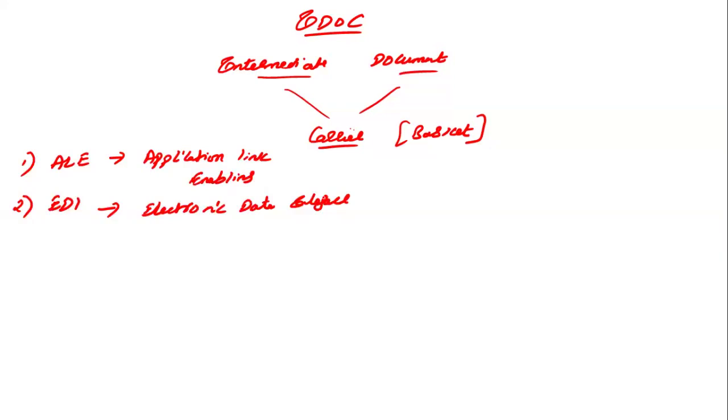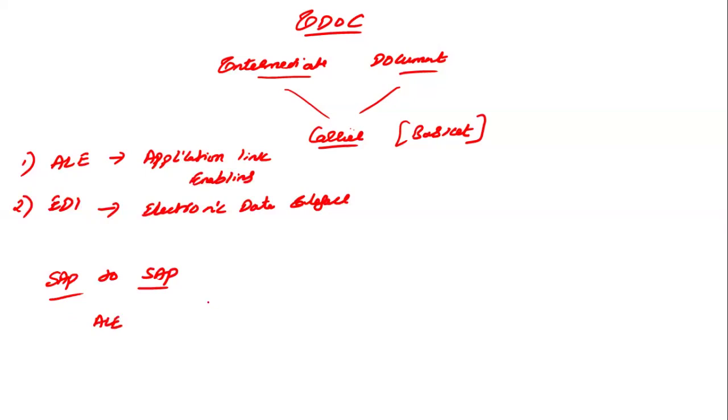So why do we have these 2 different types of Idocs? We have these 2 different types because it depends on how we are going to transfer the data from one system to the other system. If the data is getting transferred from SAP to SAP, then we'll be using the Idoc called ALE.